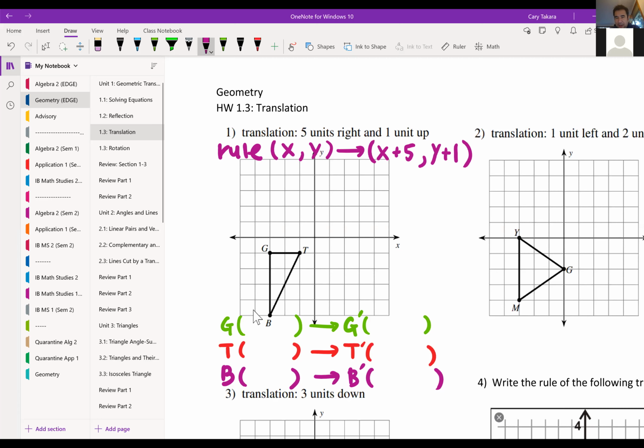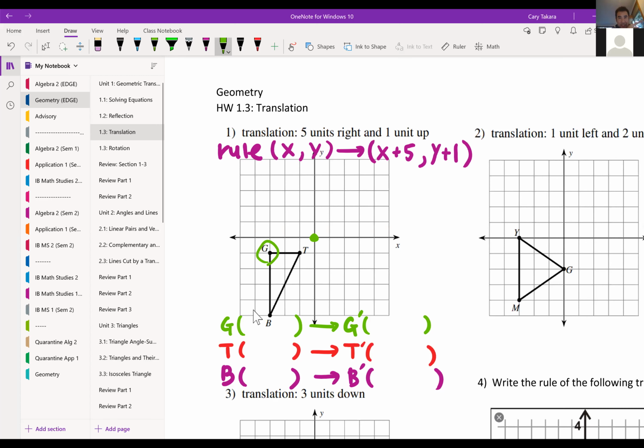Does anybody need any help? If you need a little more guidance, just go along with me. If you can do this all by yourself, just keep going. So for G, let's figure out the coordinate. What's the coordinate for G? You always start from the origin. You count sideways first.